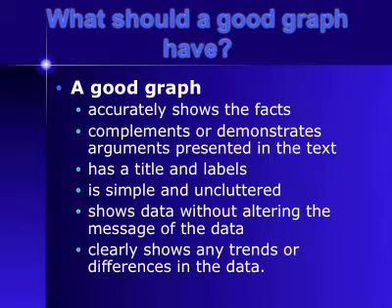When they put the rest of their data points on, it appeared that they had created a linear relationship, a straight line. But if you actually stretched out the data points, it was not that simple. Now, the reason that you want to not alter the data is so that it clearly shows any trends or differences.